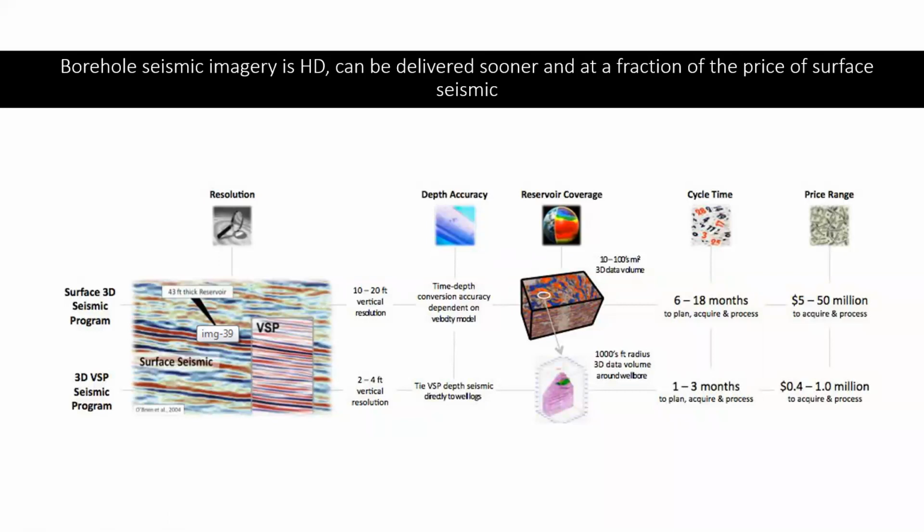We can see here in the figure, surface seismic has more spatial coverage but less resolution as compared to VSP. And when we need to map more area, then of course we need more acquisition time and more budget. While VSP, of course, has better resolution, so it can provide more accurate depth, and it requires less time and less budget.